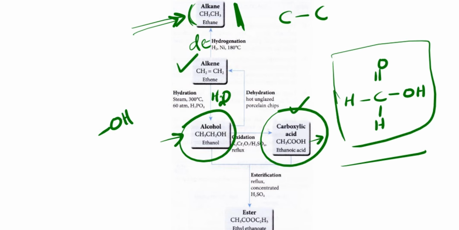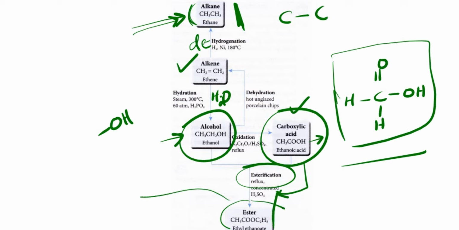When we get carboxylic acid, it is esterified. This process is known as esterification, a process of creation of esters from carboxylic acid. It is treated with concentrated sulfuric acid, H2SO4, and ester is formed.